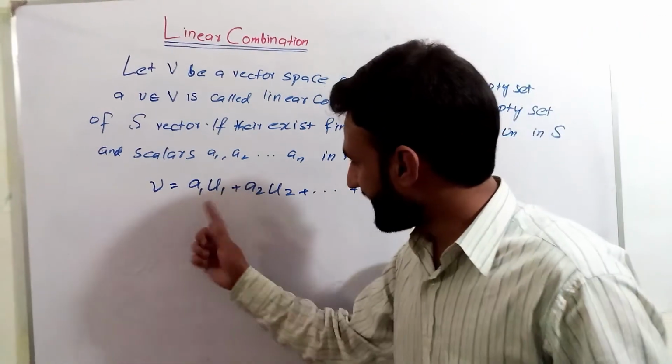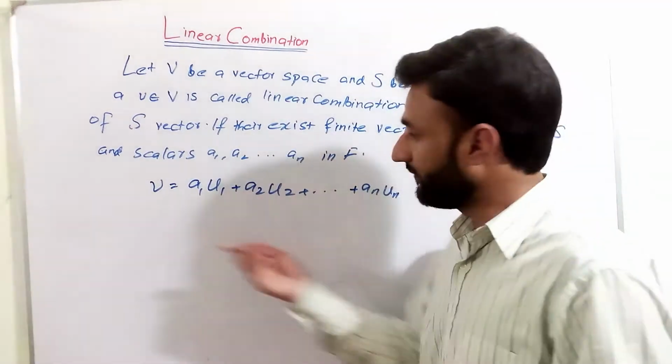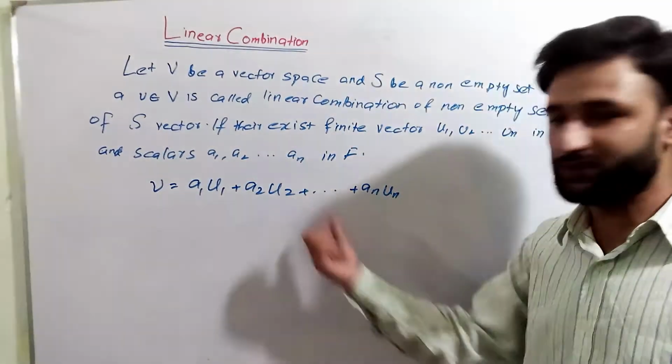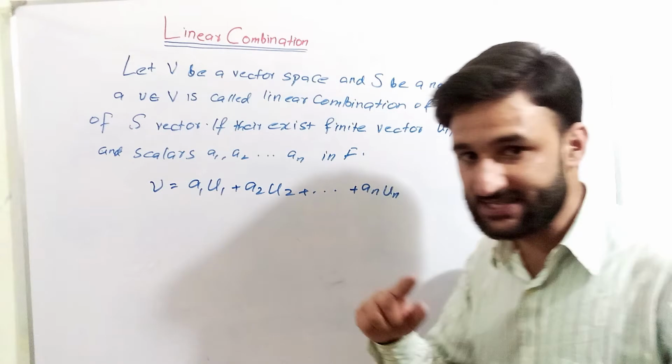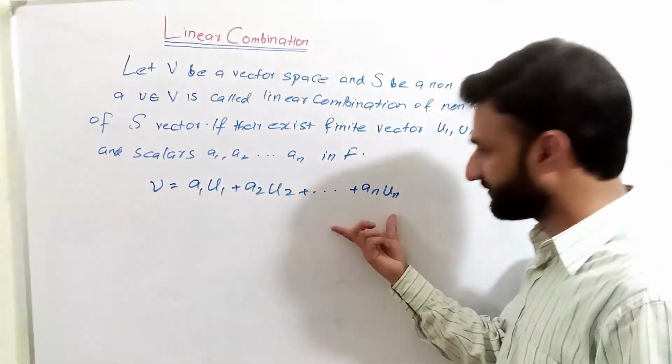So we can say that if you find the values of a1, a2, an such that the left hand side expression is equal to the right hand side expression, it means that this vector can be written as a linear combination of these vectors.